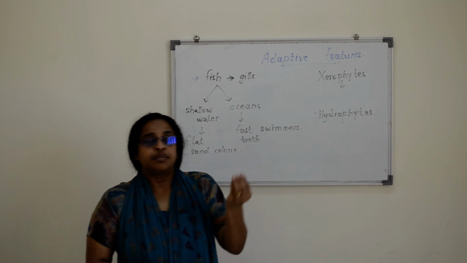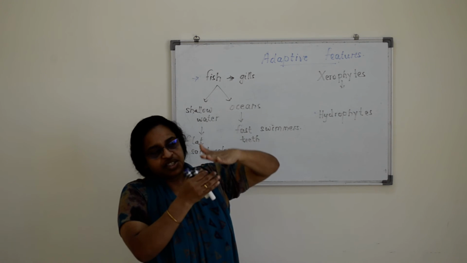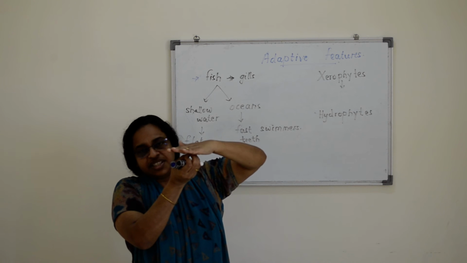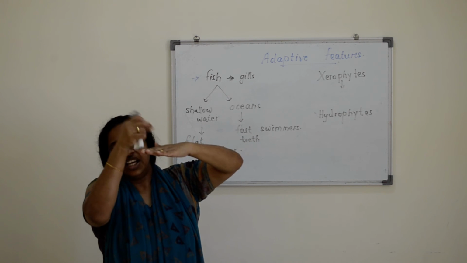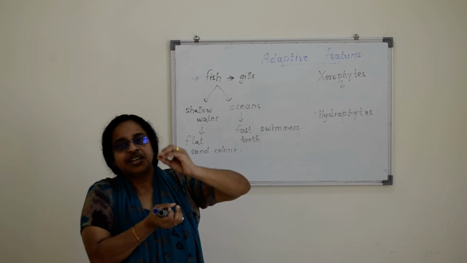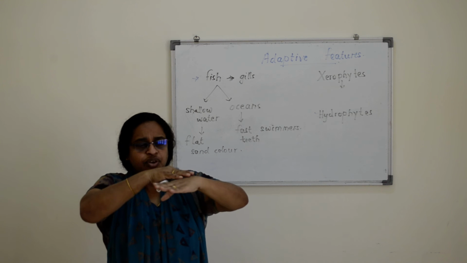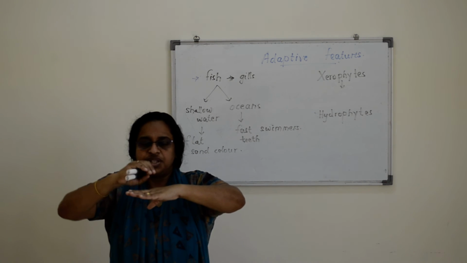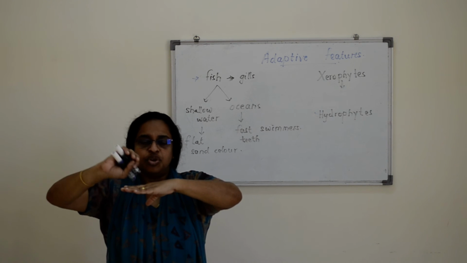Suppose some of the desert plants, those who are having leaves, their stomata is on the lower surface, so that during photosynthesis, even though the stomata is open, it's not directly to the sun. So the rate of evaporation will be slow or low. And they have got a very thick waxy cuticle so that the rate of evaporation of water will be less.